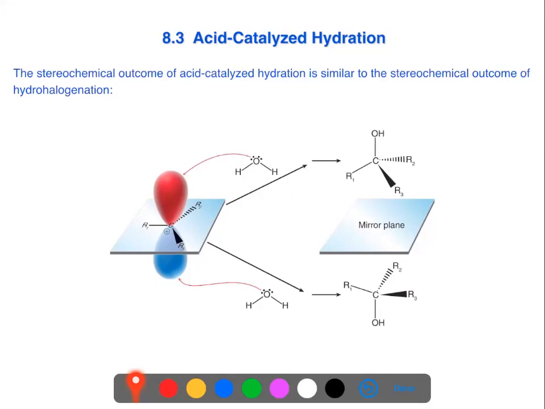So if a chiral center is formed, as shown in this example with 3 different R groups, we will form a 50-50 mixture, a racemic mixture, of R and S enantiomers for this particular reaction.